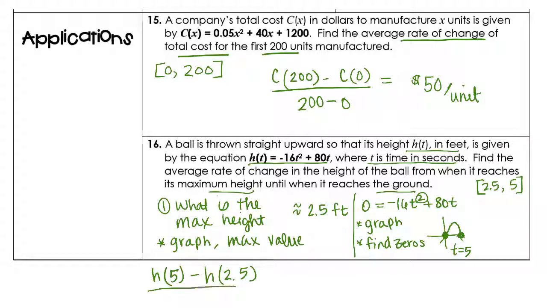All of that is over 5 minus 2.5. When we type all that in our calculator and get all of those values, notice the average rate of change is going to be negative 40 feet per second. And I always get asked, can that rate be negative? Well, yeah, because the ball's falling to the ground. It's not staying up in space. So, yeah, it needs to be negative there.